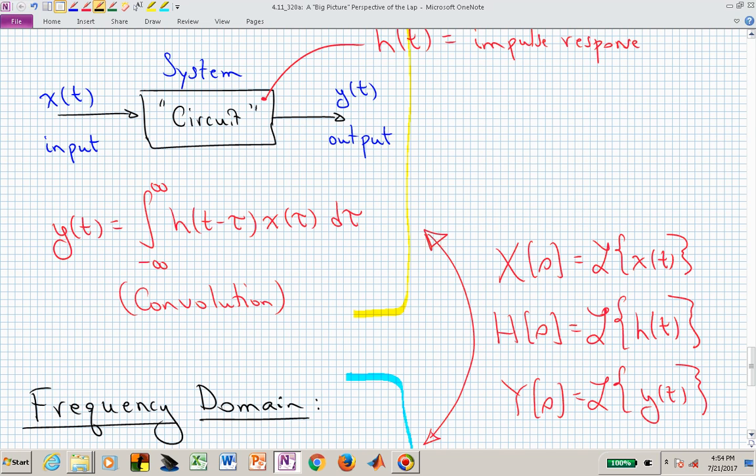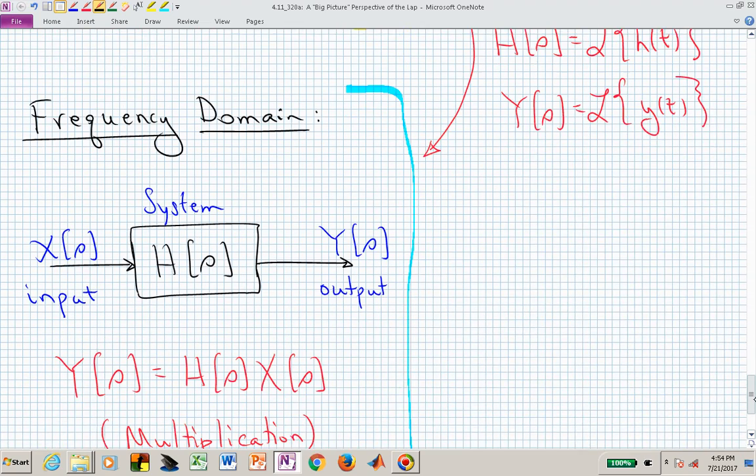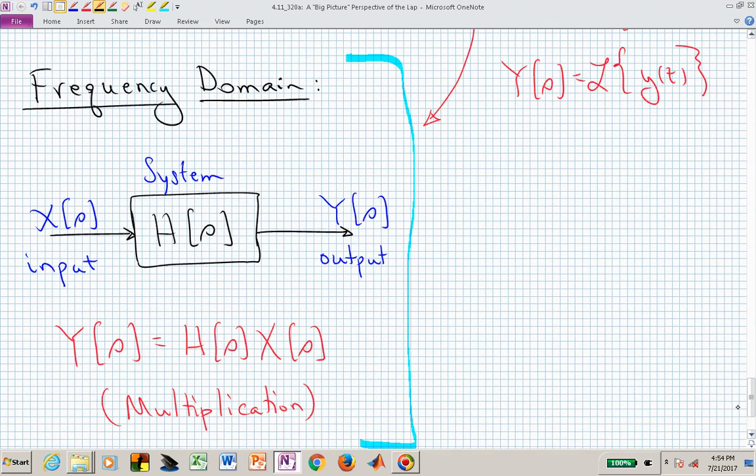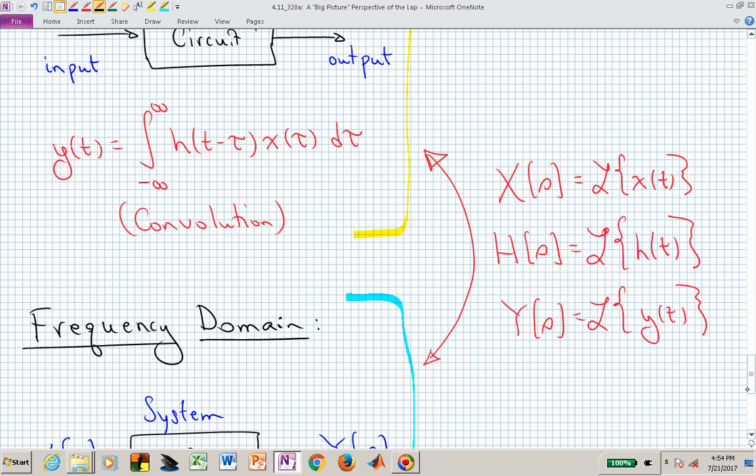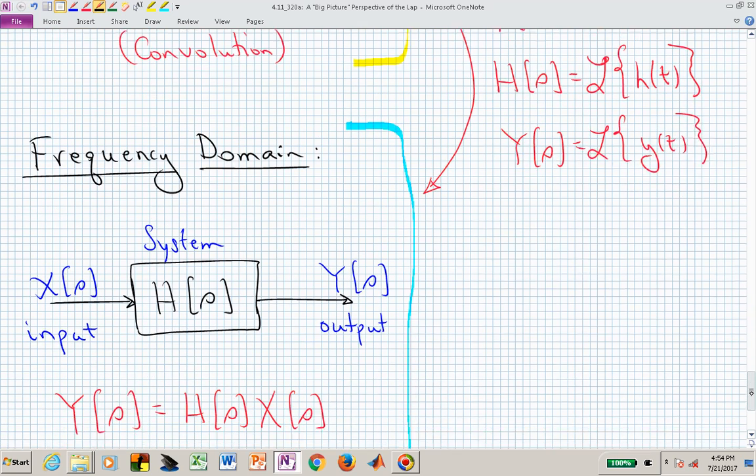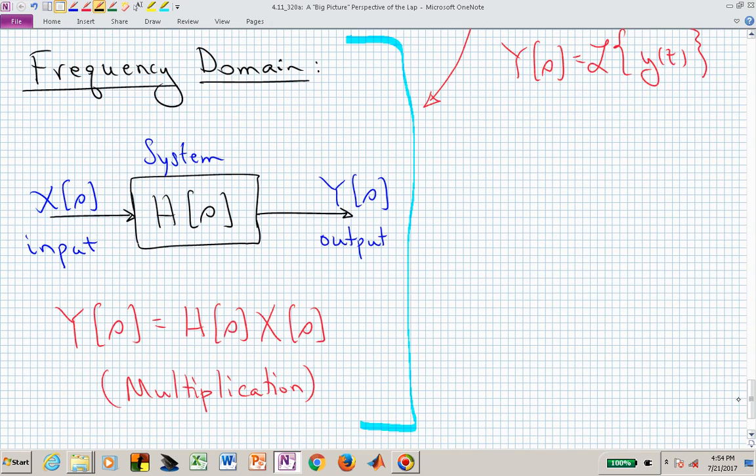We could transform the system's impulse response into the frequency domain to find the transfer function H of s. That now we could find the output if we were given the input x and the system's transfer function capital H of s. We could produce the transform of the output by multiplication, and we wouldn't have to do this time domain convolution.